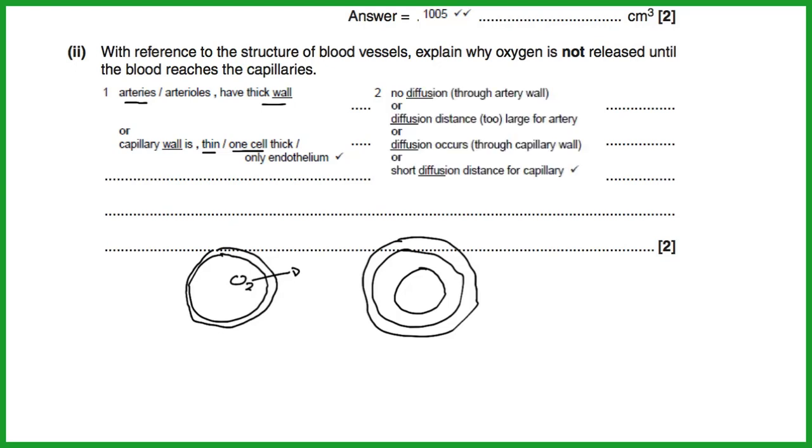And therefore there would be no diffusion through the artery wall, because the diffusion distance would be too large, and this diffusion would occur through the capillary wall because there's a short distance for diffusion, because the epithelial cell is very thin.